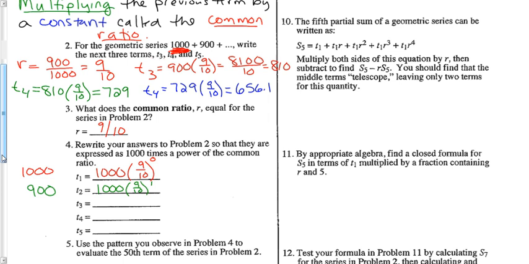Next term that we found was 810, and that's going to be 1,000, I think you can see the pattern at this point, 9 over 10 raised to the second power. Then we are to 1,000 times 9 over 10 raised to the third power, and the last one is 1,000 times 9 over 10 raised to the fourth power. Why are we doing this?